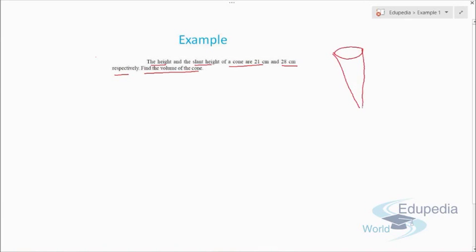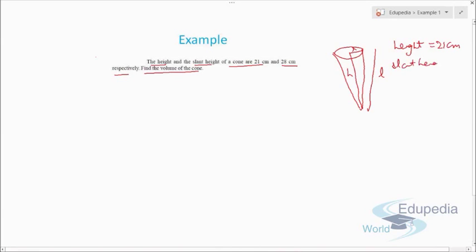This is a radius r, this is the height, and this is the slant height. Now over here, height is given as 21 centimeter and slant height, which is L, is given as 28 centimeter, right?